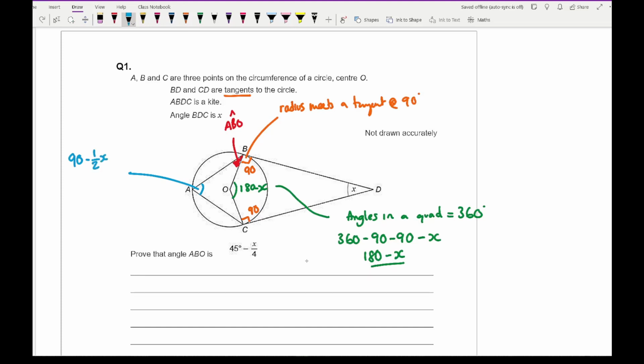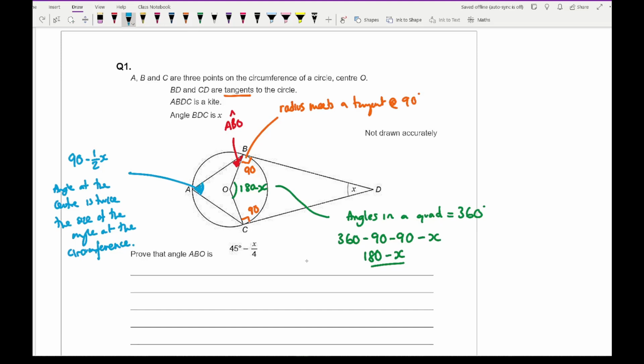The reason for that is because we're looking at the arrowhead, so it's the angle at the centre is twice the size of the angle at the circumference. I may not be using the word-for-word explanation that you may have, but something along those lines would be absolutely fine.